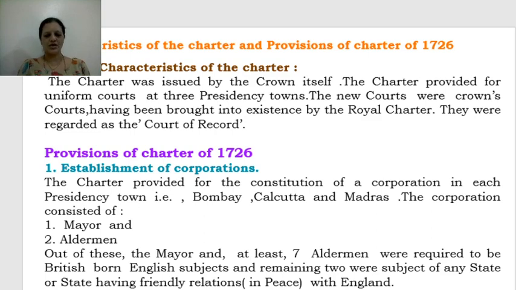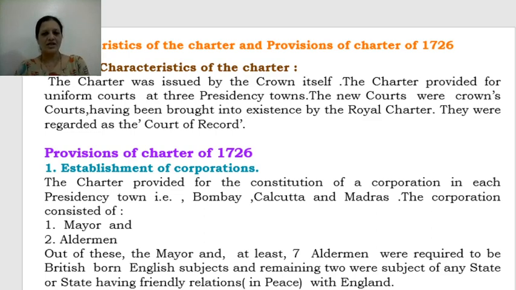The total number of corporations in India is 205 as per the available records. So the corporation consisted of a mayor and aldermen. Aldermen means the senior and respected members. The mayor, as you might know, is the head of the municipal council.